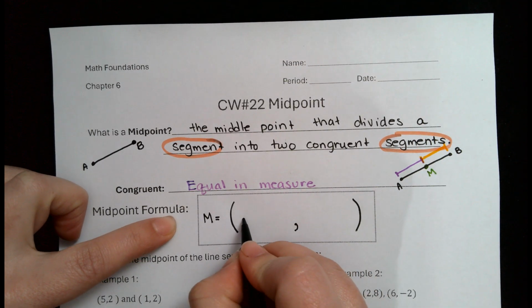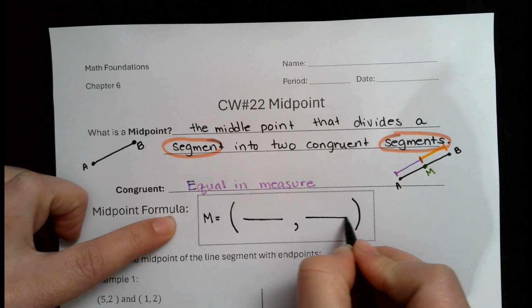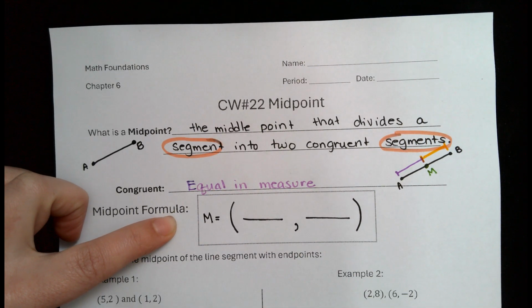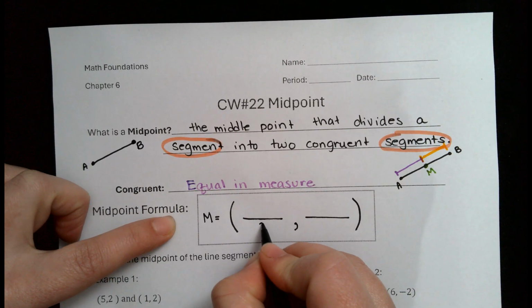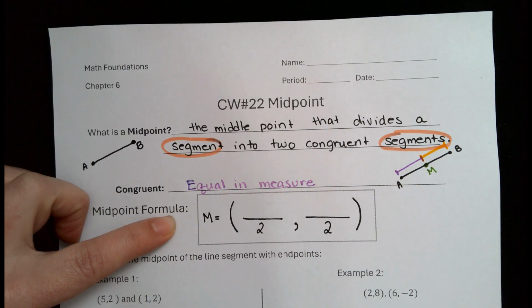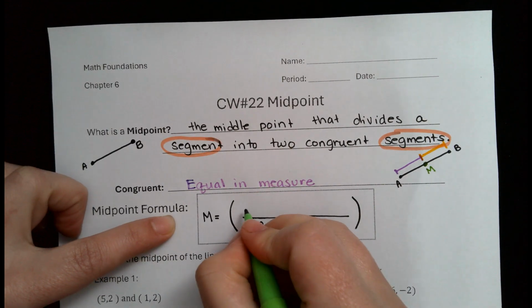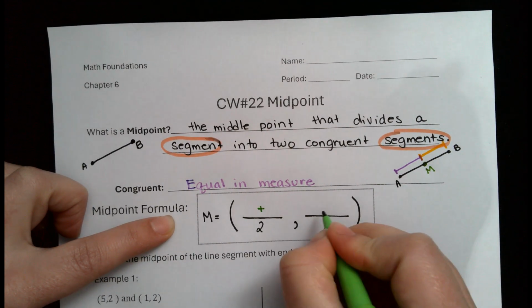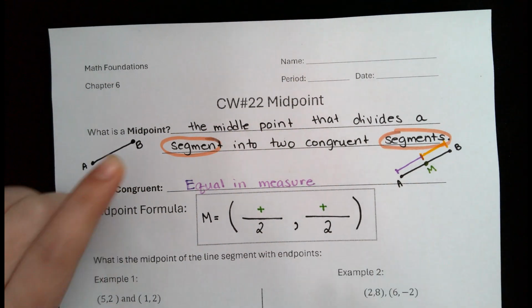Then you're going to have a fraction, a division bar, the number 2, so we're going to be dividing things by 2. And on top, you're going to have a plus and a plus.